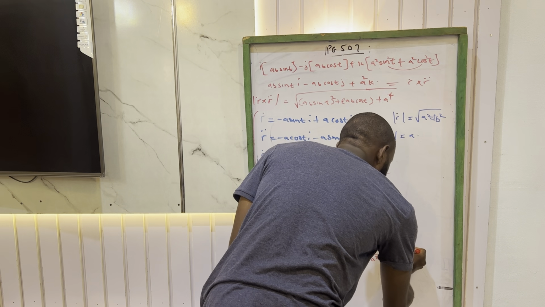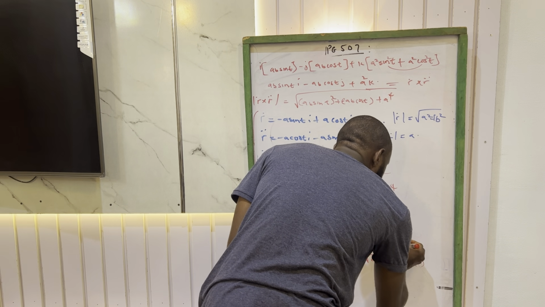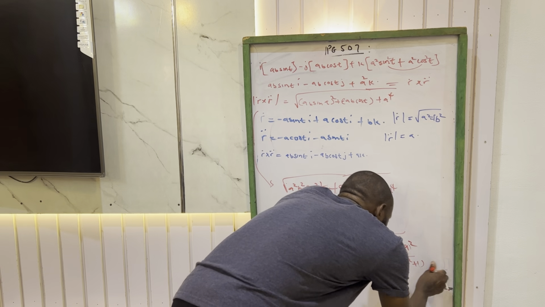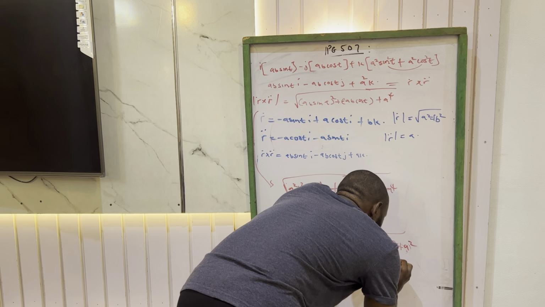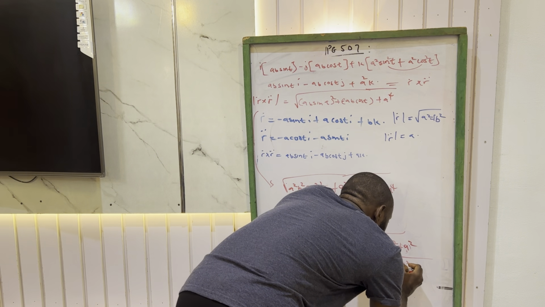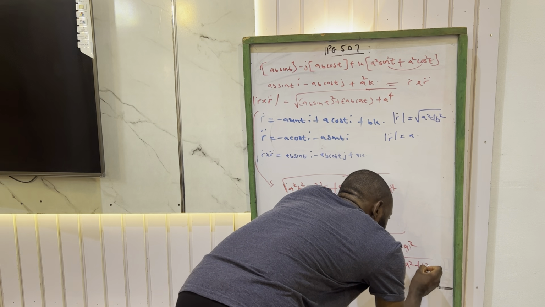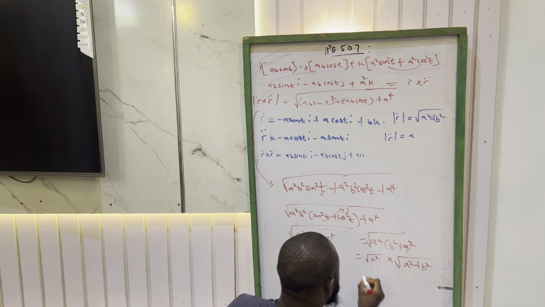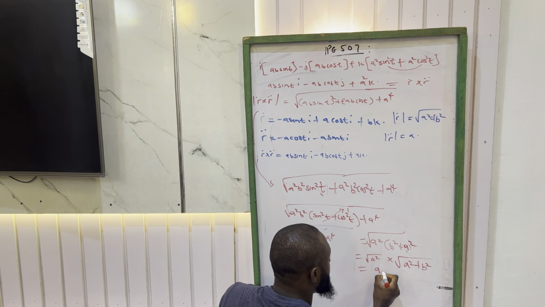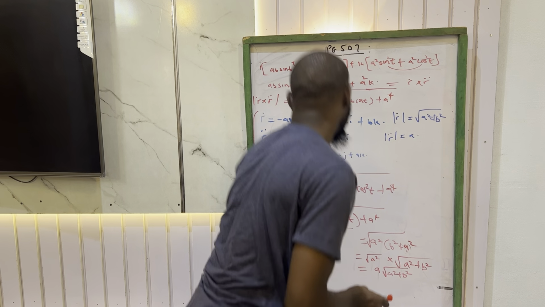So we are left with a squared here, and that's square root of a squared plus b squared. So that here we have a root a squared plus b squared.